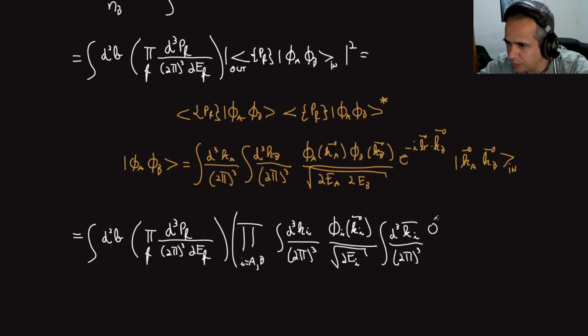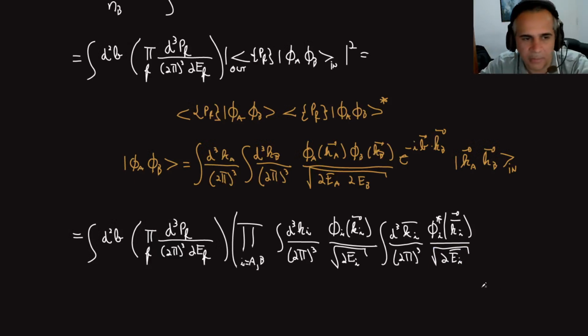I have phi i star because now I'm taking a complex conjugate of ki bar vector, divided by square root of 2 E_i bar. And the bar here means I'm taking ki bar as the momenta to calculate this energy.